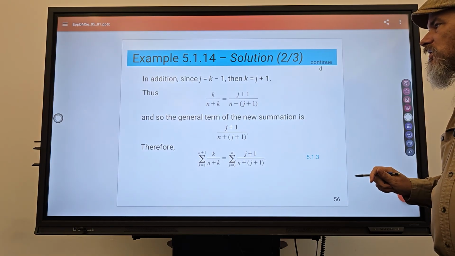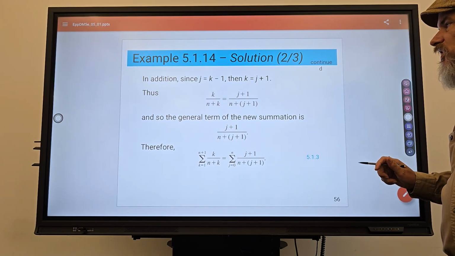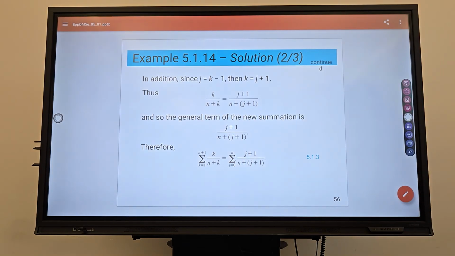So, since j equals k minus 1 and k equals j plus 1, you can write the sum as j plus 1 over n plus j plus 1.